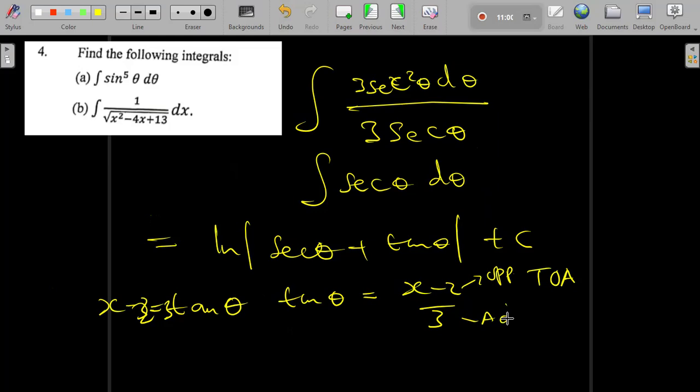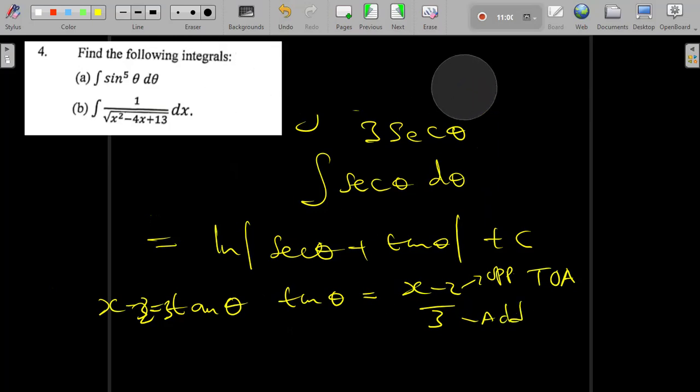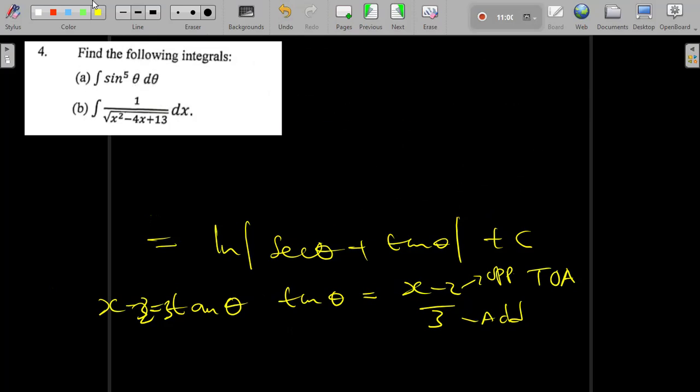So I can draw a triangle, a right angle triangle, like this. Then I write it in terms of this here. If I have my angle theta to be here, my adjacent is going to be 3, and my opposite is going to be x minus 2.